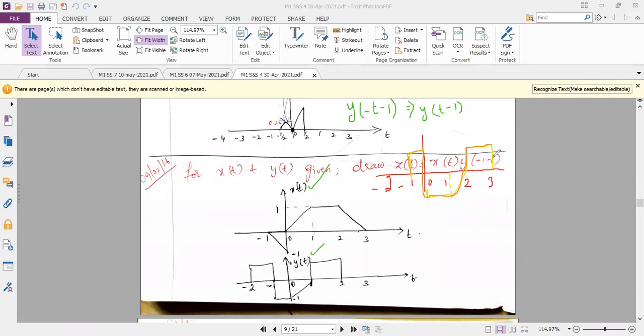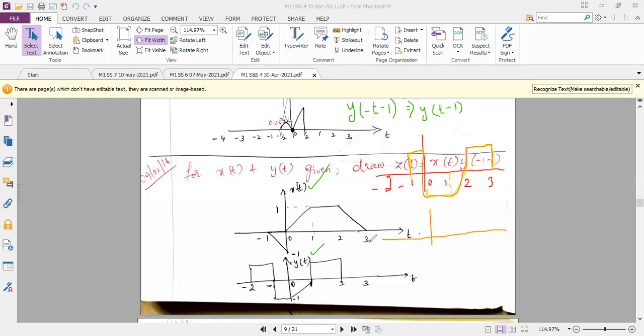Now, is this sufficient? No, it is not sufficient, because my aim is to get y of minus t minus 1. Do you know the procedure to do minus t minus 1? Minus t means I have to change the sign of the x-axis. So what was there at minus 1 now becomes plus 1.